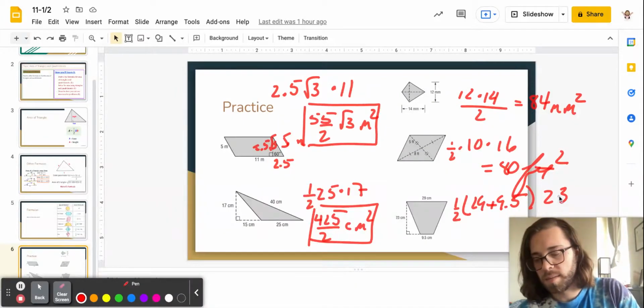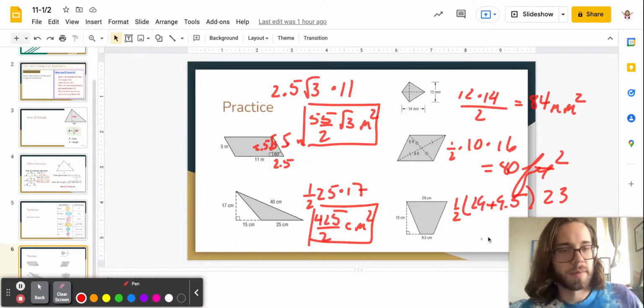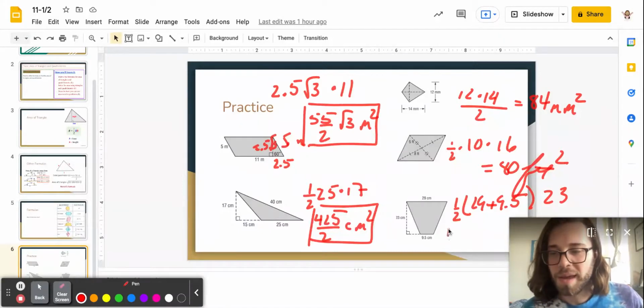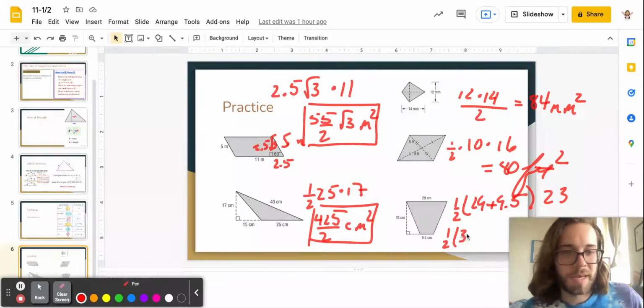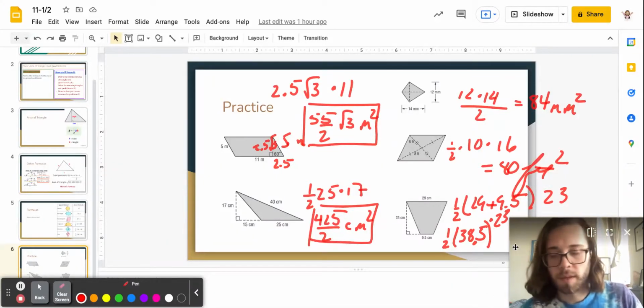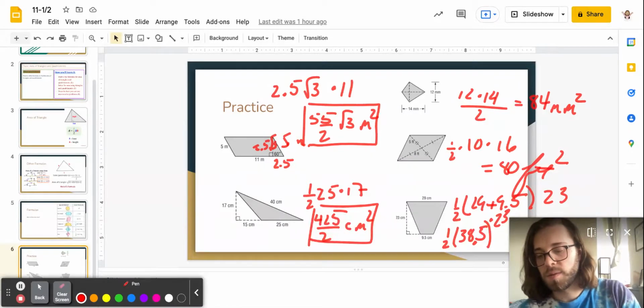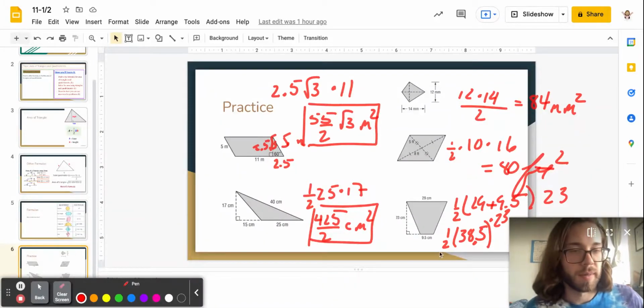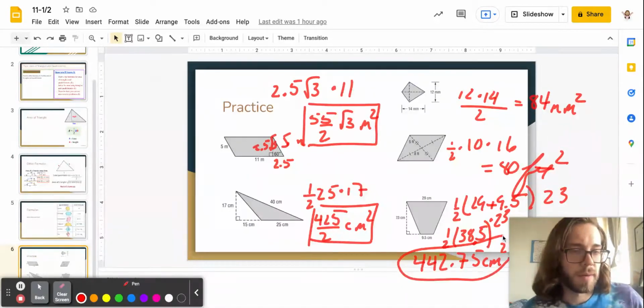So it'd be 1/2 times 38.5 times 23, so divided by 2 times 23. When you plug that all in, you should ultimately get 442.75 centimeters squared. And don't forget your unit.